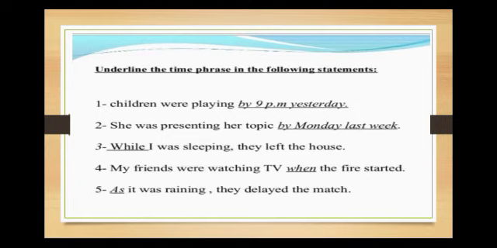So what were your friends doing when the fire started? My friends were watching TV. Now look at the fifth one. As it was raining, they delayed the match. So that is the example of a sentence using as.